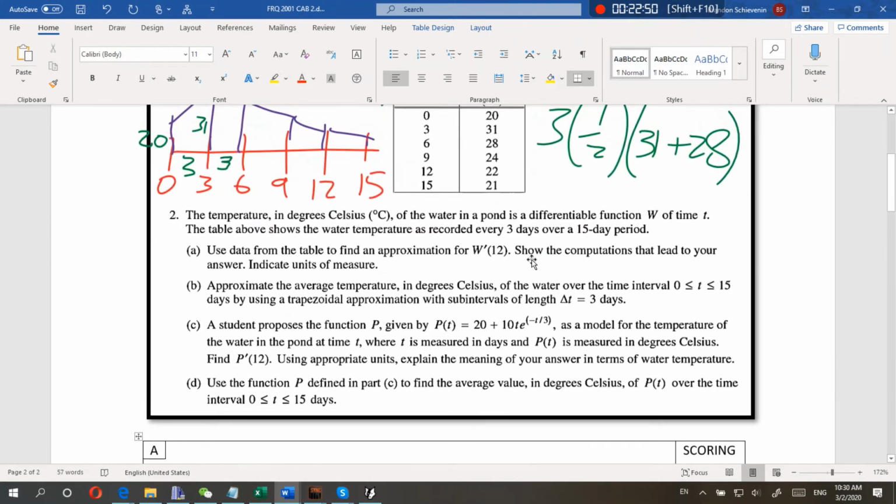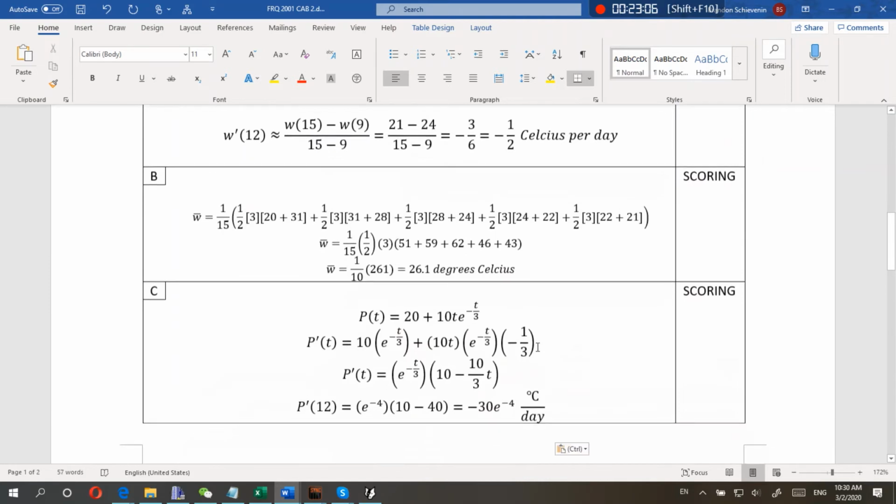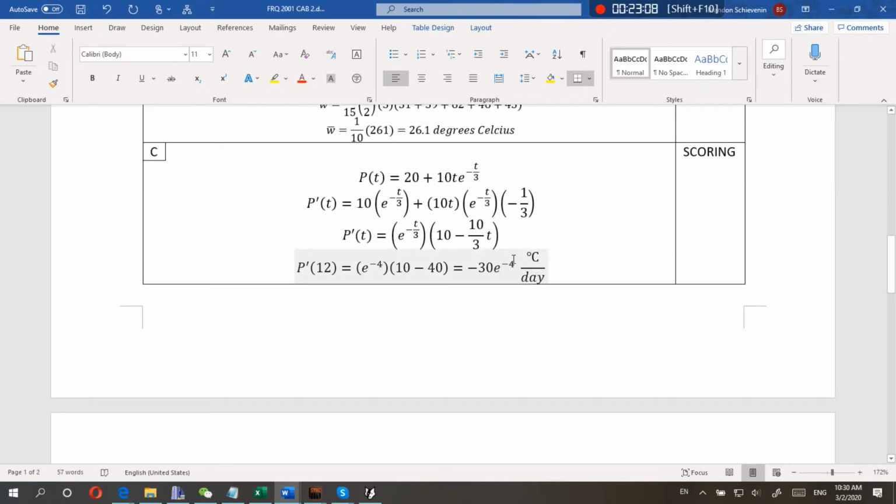When? So if we're explaining the meaning, we got negative 30 e to the negative fourth degrees Celsius per day for p prime at 12.